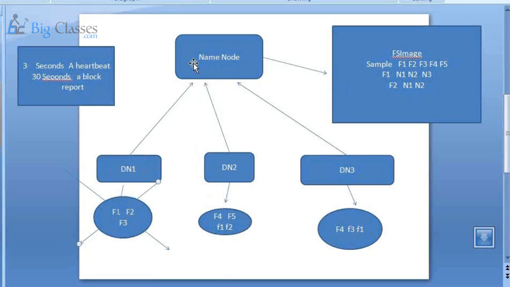Which one is nearest to this name node? Assuming that data node 2 is nearest to this name node, whatever process has been stopped on data node 1 will be shifted to data node 2, and then it will start processing that F1 block file once again.